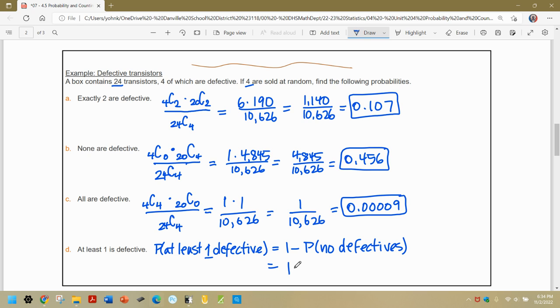What's the probability that there are no defectives? We just found that up here in letter B, 0.456. So I'm going to put 1 minus 0.456, and that's 0.544. So use what they make you do.